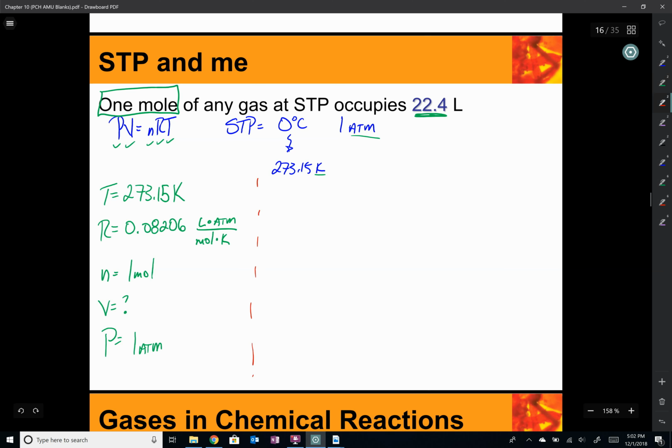Once we have our data set, let's rearrange our equation. We need to solve for volume, so I'm going to divide by pressure on both sides.